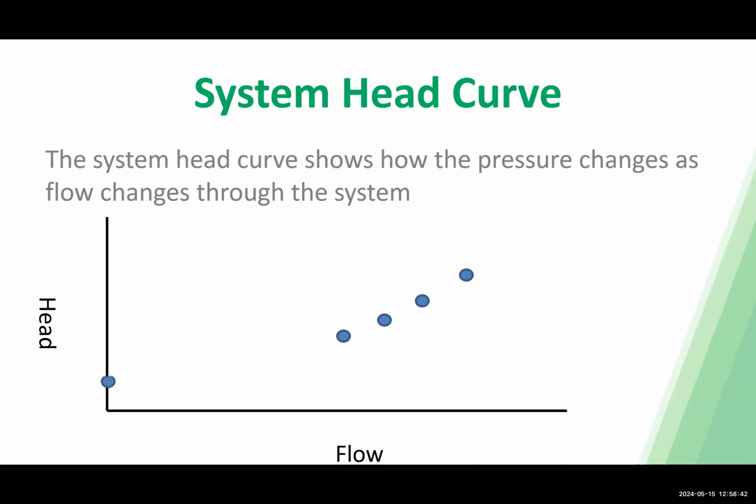And once you start to map that out, you start to get something that looks like a curve. Doing a line of best fit will give you that system head curve. A system head curve, as you can see here, is the opposite of a pump performance curve. It has an upward slope rather than a downward slope. That's because with systems, the more flow that you're putting through it, the more pressure that system is experiencing and putting back on that pump.